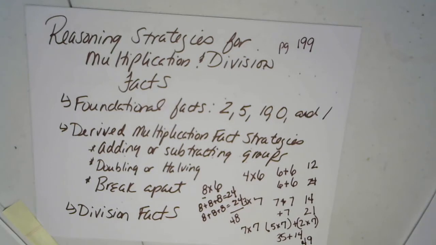In fact, because of this, the reasoning for division facts is to first think multiplication and then apply multiplication reasoning facts as needed. Missing factor stories can assist in making this connection.